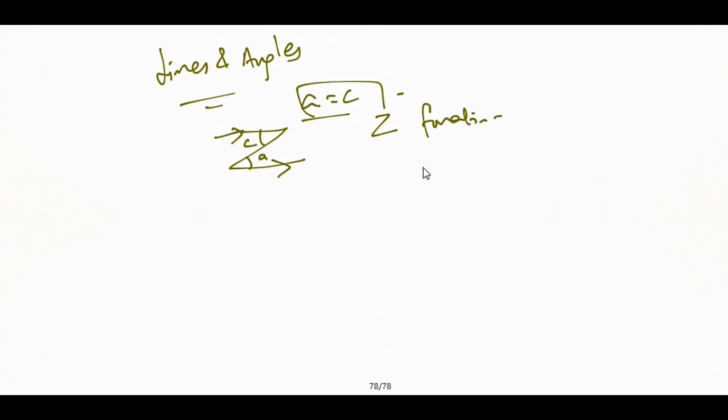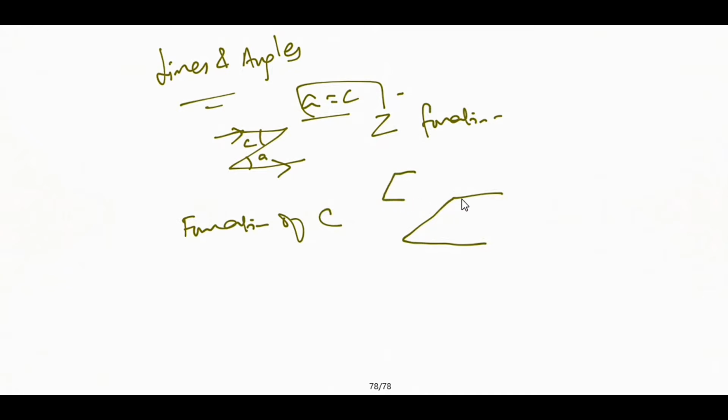So another thing that is very common in lines and angles is formation of C. Formation of C is like this, like it's a C, right?